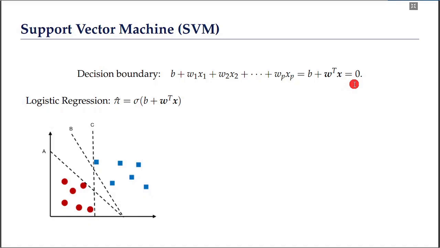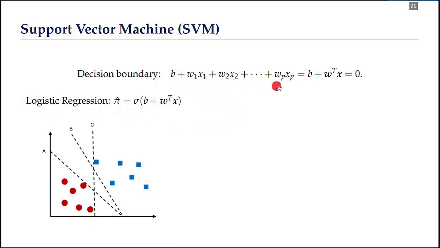And specific to logistic regression, this linear predictor, which may assume any value, positive, negative, or 0, should pass through a sigmoid function. Then this sigmoid function will convert the linear predictor into a value between 0 and 1 inclusive.